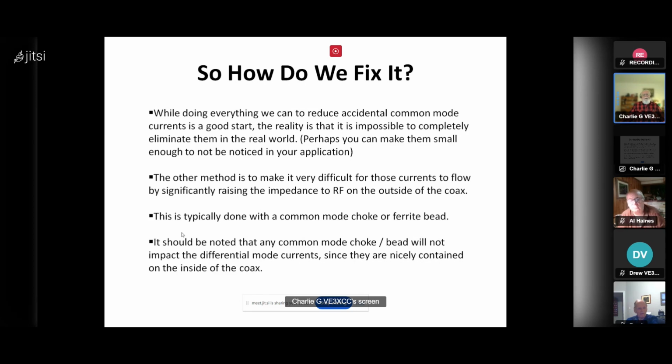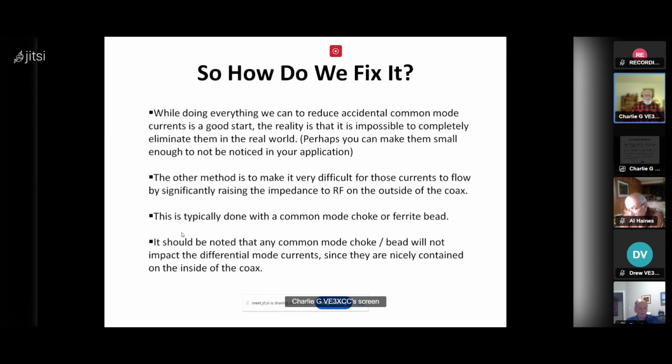So try and reduce them. That's a good thing. But if you can't do that, the other method is to try and make it difficult for those common mode currents to flow along the outside edge of your coax by significantly raising the impedance to RF along the outside of the coax. Typically this is done with some flavor of common mode choke or ferrite beads.